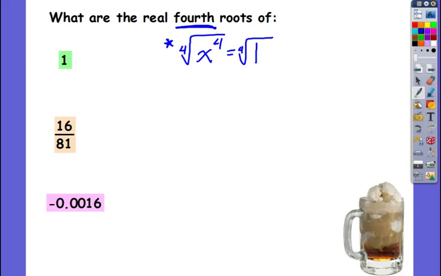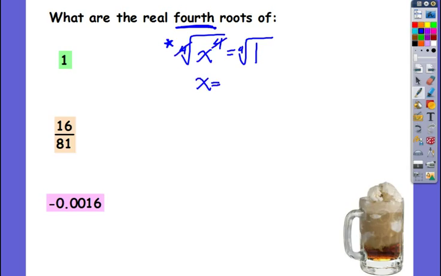These don't quite exactly undo each other unless the variable's positive. So in this chapter, we're going to assume x is positive. If x is negative, you run into some problems here. I'll talk a little bit more about that in class. But for now, if x is positive, these would undo each other, and you'd be left with the 4th root of 1.